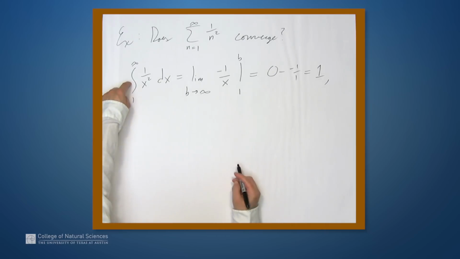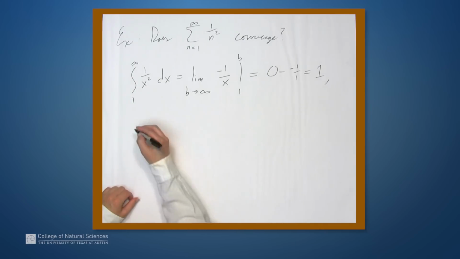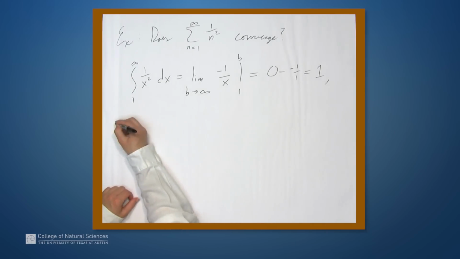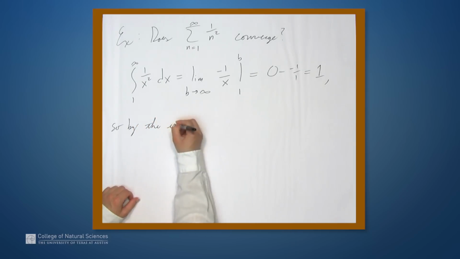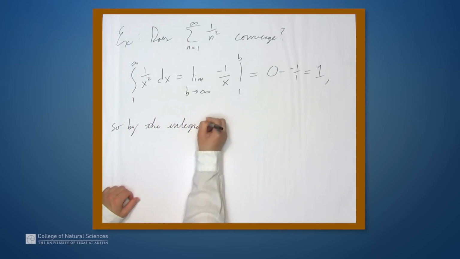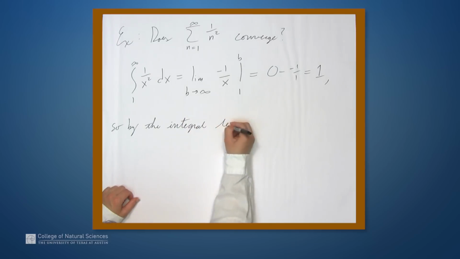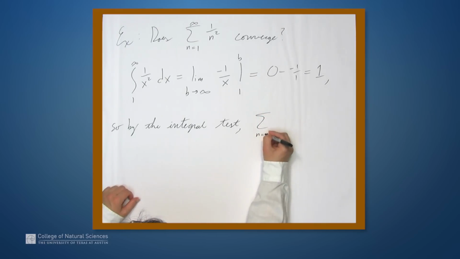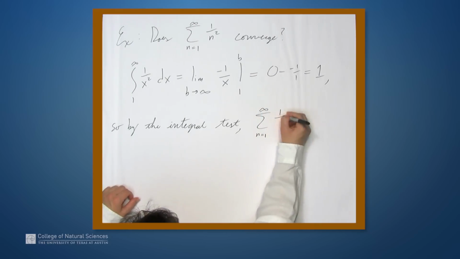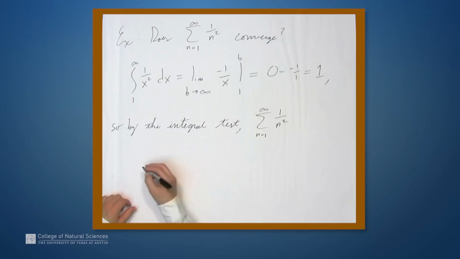So this integral converges, which means, by the integral test, the sum from n equals 1 to infinity of 1 over n squared converges. Let's do one more example.